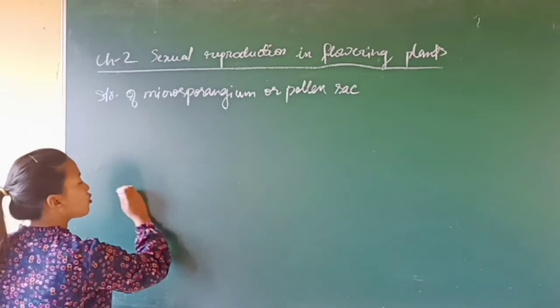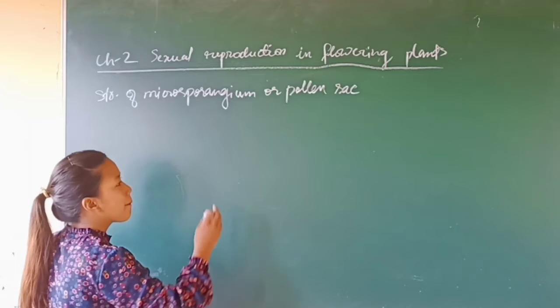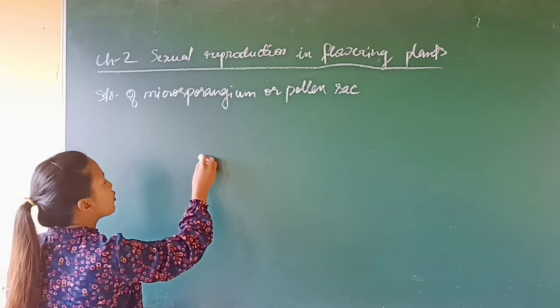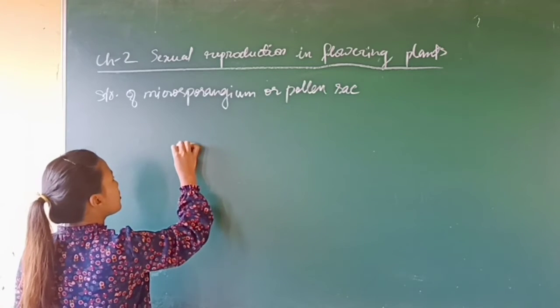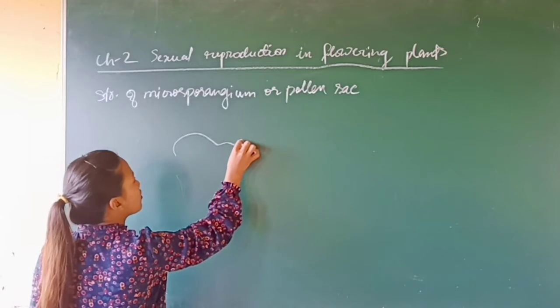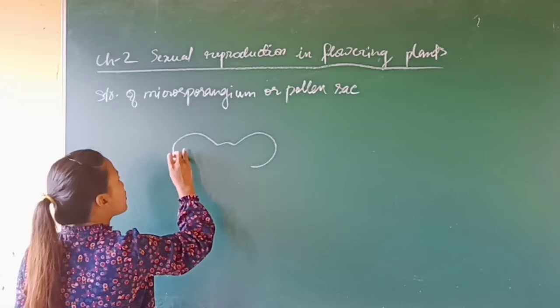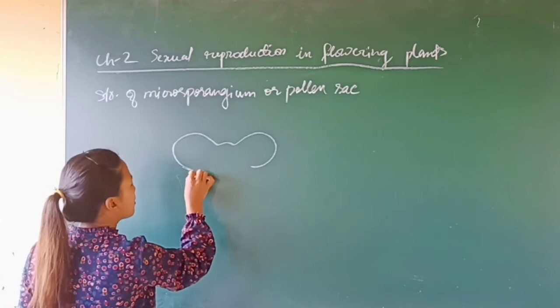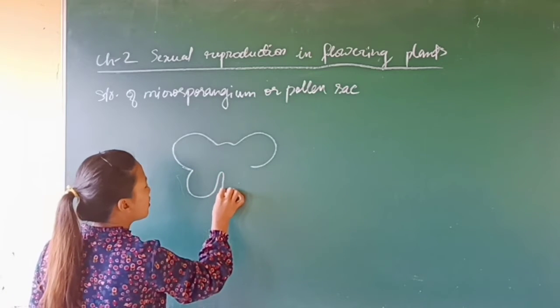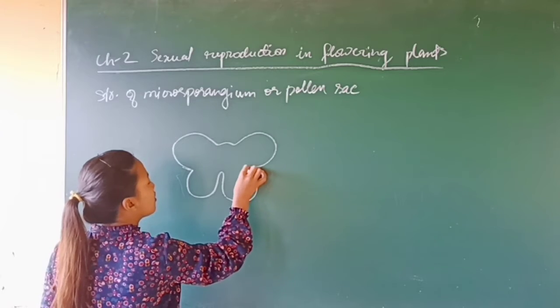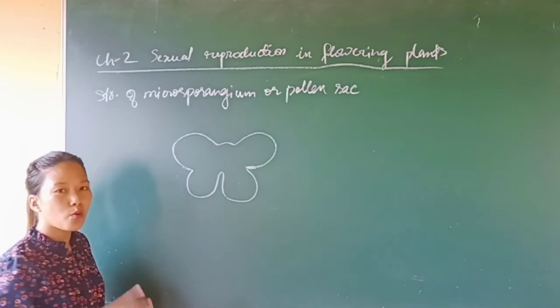Before, I have also drawn the structure of these pollen sacs or microsporangia. Let me draw this one again. This is the structure of the microsporangium, the transverse section of this anther. It's somewhat like this. It has got 4 wall layers.